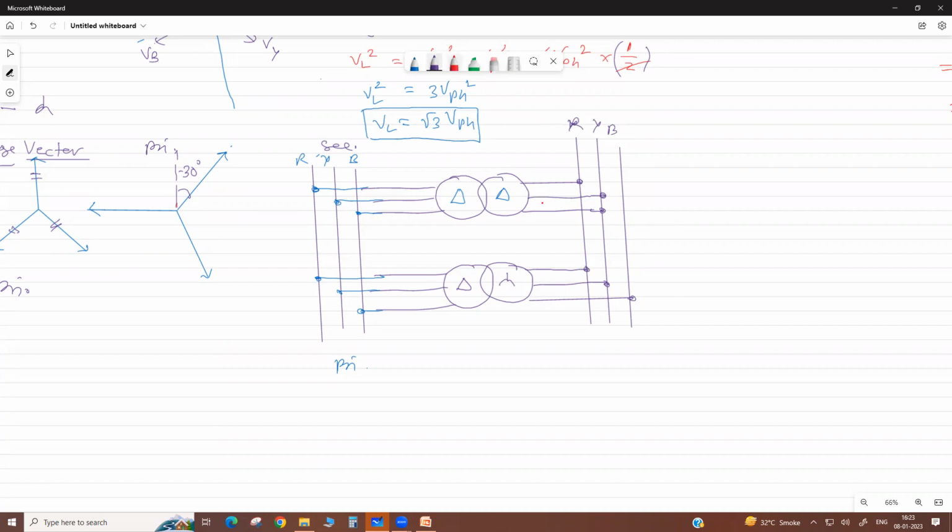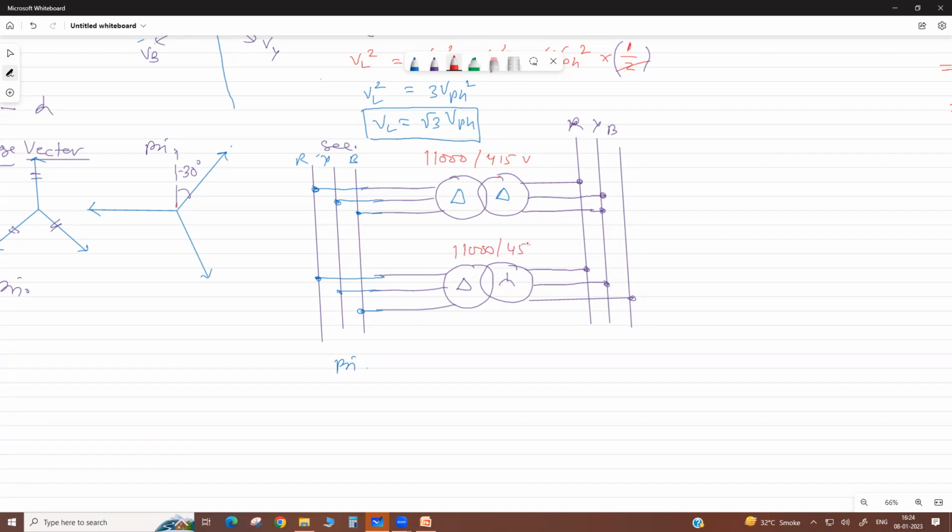But what happened? They have the same voltage, like 11 kV by 415 volt. This is 11,000 by 415, the same turn ratio.